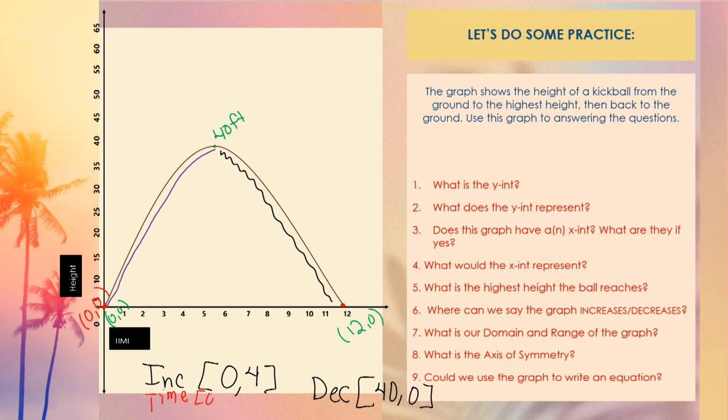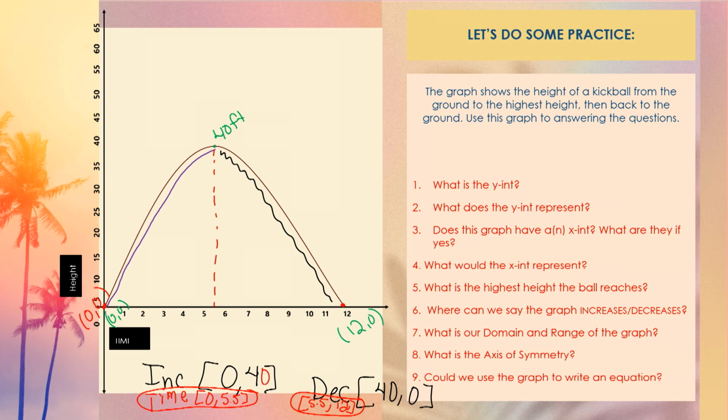It increases from 0 seconds to what? About 5.5 seconds. So that's actually when it's increasing. So when is it decreasing? So from about 5.5 seconds to what? About 12 seconds. So this is actually when it's decreasing.